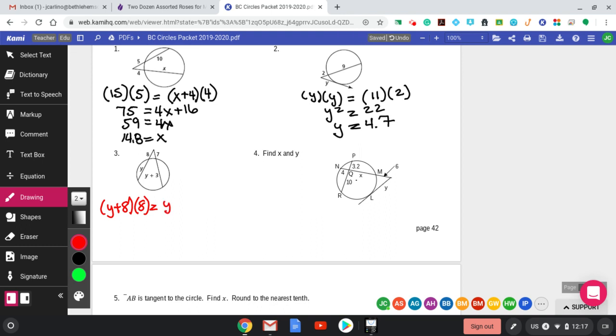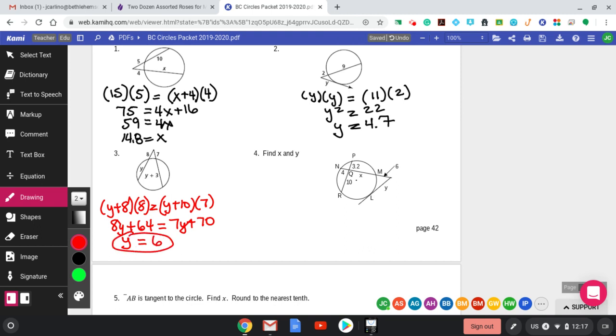Y plus 10. And then I'll multiply that by its external part, which is 7. Okay? So 8y plus 64 equals 7y plus 70. Move the y's over, I get y equals 6.